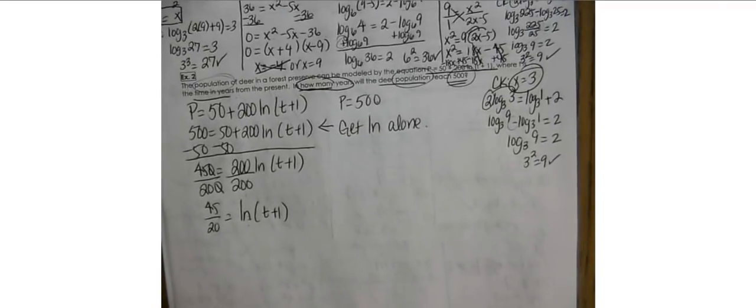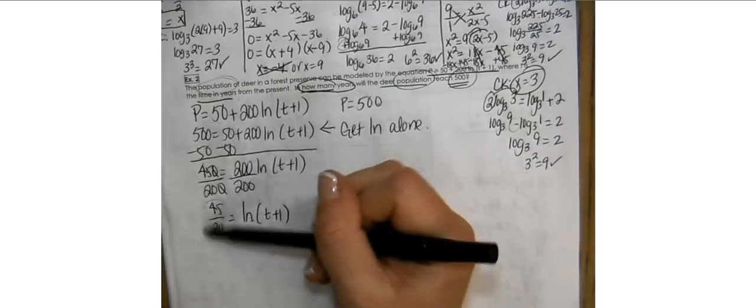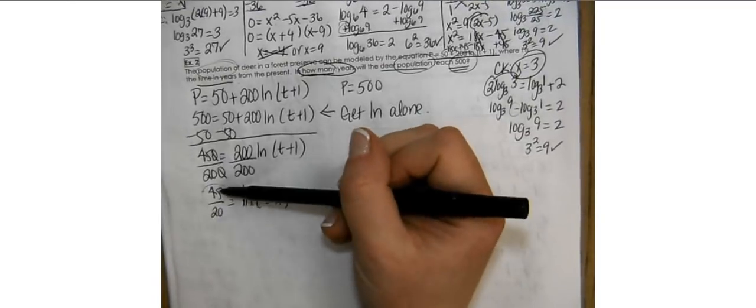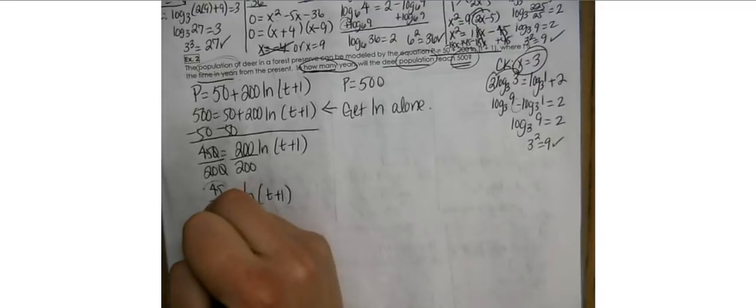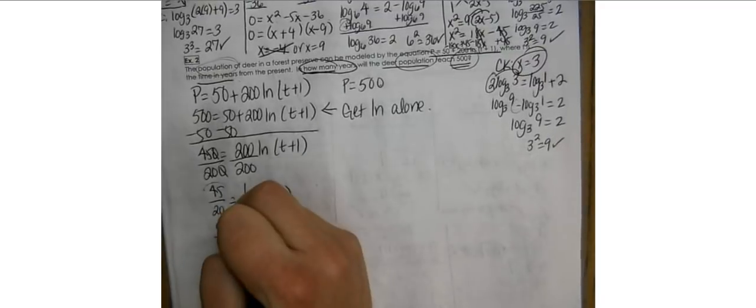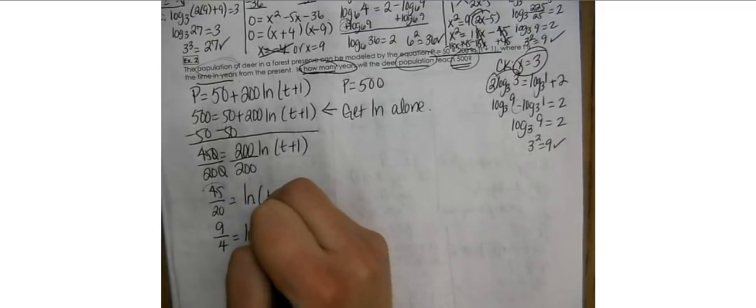Now we can simplify 45 over 20. 45 and 20 both have in common a 5. 45 divided by 5 is 9. 20 divided by 5 is 4. And so we have 9/4 is equal to the natural log of t plus 1.